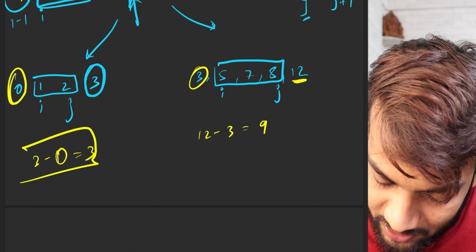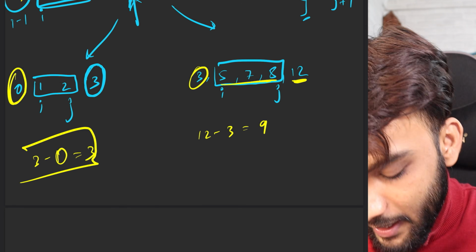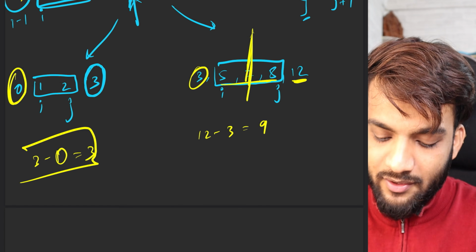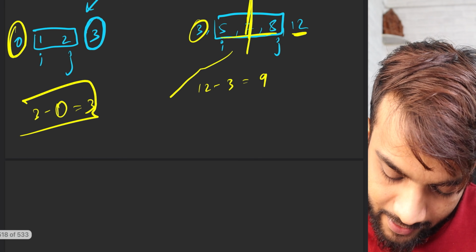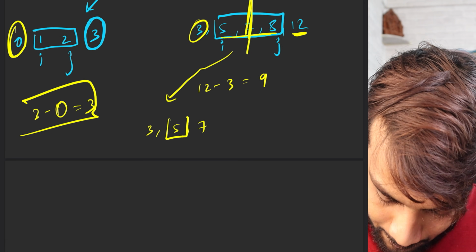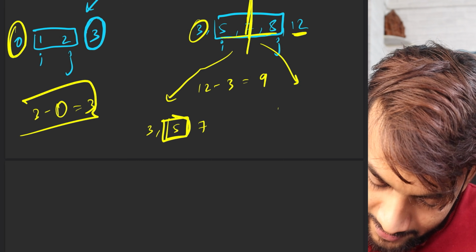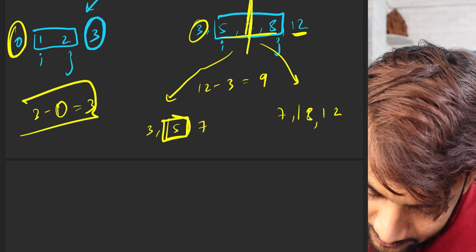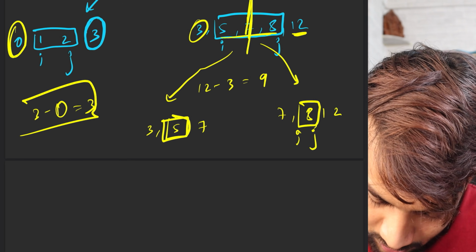Imagine I take this 5, 7, 8 and I say I will do a cut at 7. I'll do a cut at 7. So I will have a left guy as 3, 5, 7 and this will just be the partition that I'll be solving. I'll have the right guy as 7, 8, 12 and this is the partition that I'll be solving, i and j.